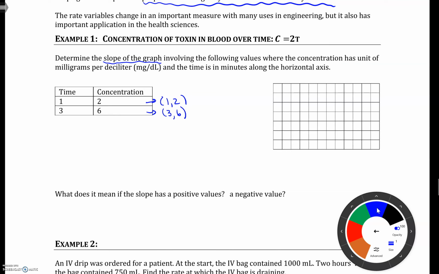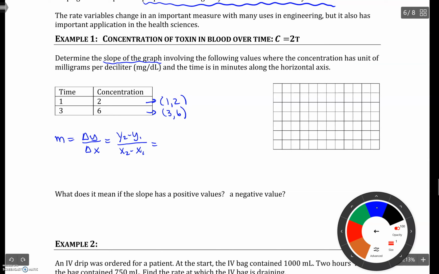So slope, as we said, is equal to the relative change in the y values compared to the change in the x values. So given 2 points, we can look at the change in the y values, the difference between y2 and y1, and the change in the x values, the difference between x2 and x1.